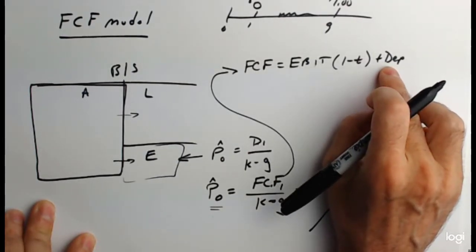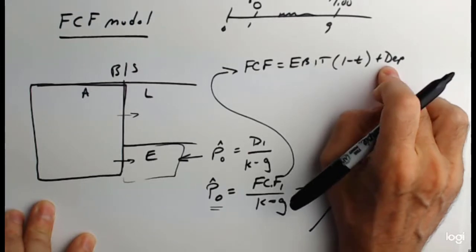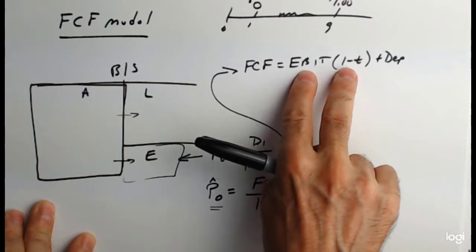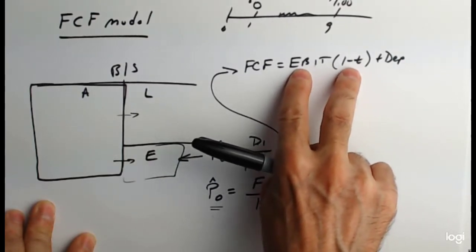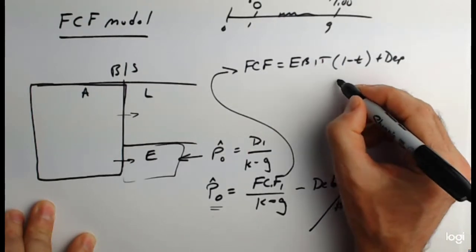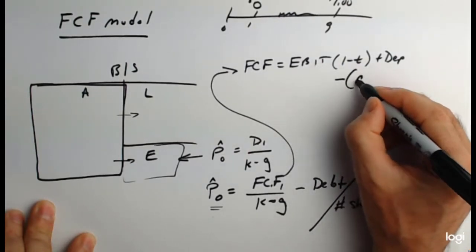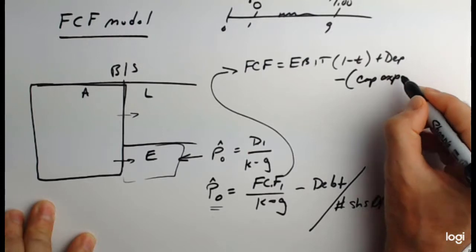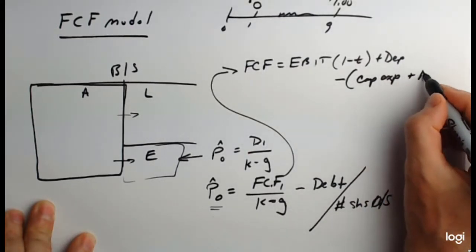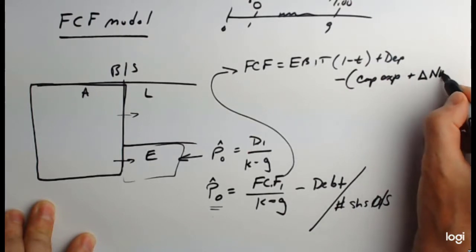It's an expense that shows up on the income statement but doesn't affect cash flow. So we make the adjustment like you learned in accounting for depreciation. And then we have to subtract off CapEx, capital expenditures, and we have to subtract the change in net working capital.